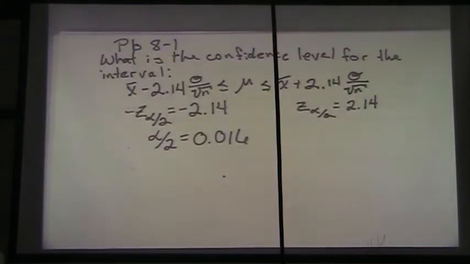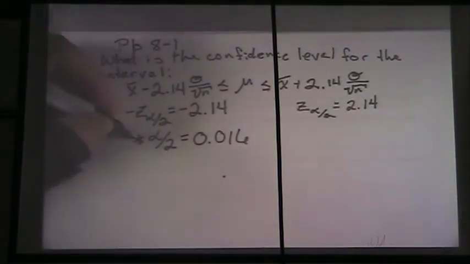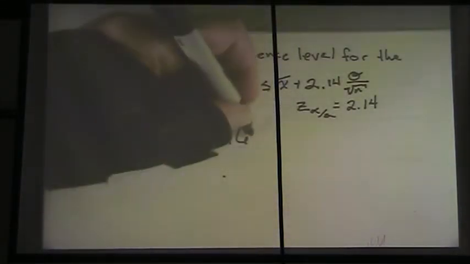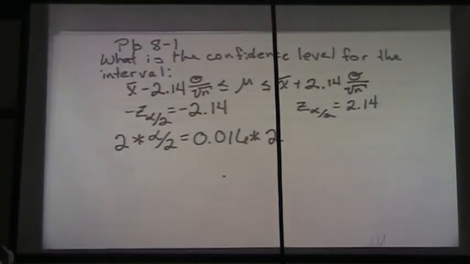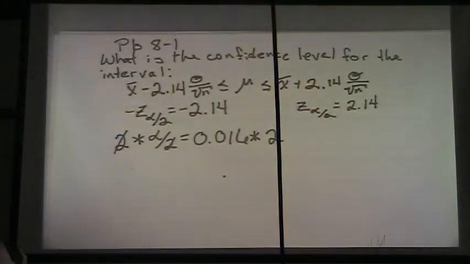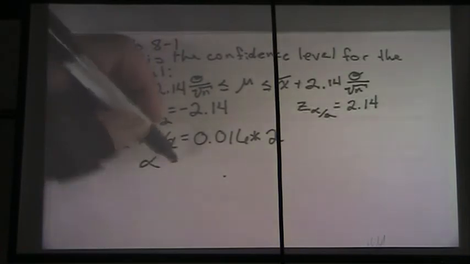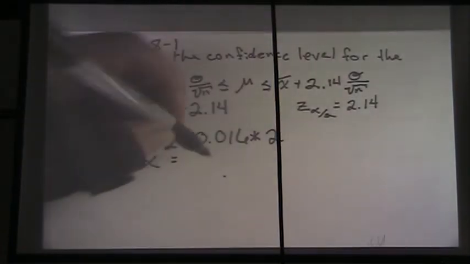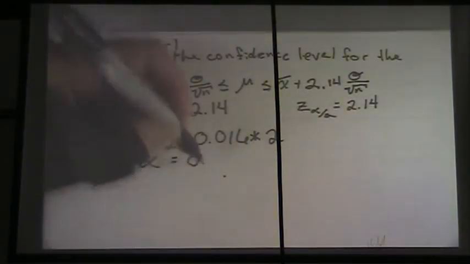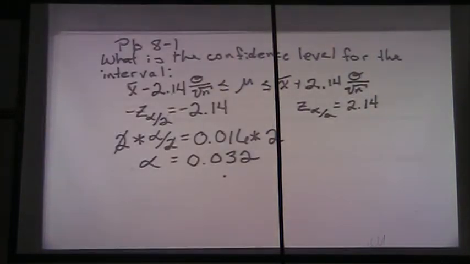Now, I need to get alpha. So I am just going to multiply both sides by 2, right? That means that my 2's turn out to be a 1 on this side, and I have alpha. And on this side, it's going to become 0.032.